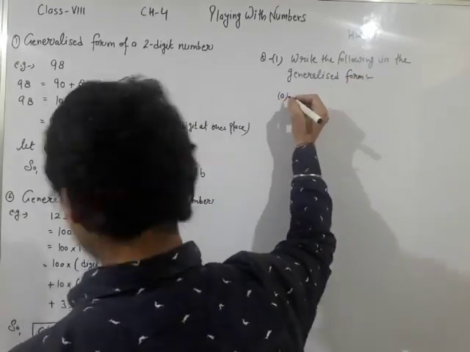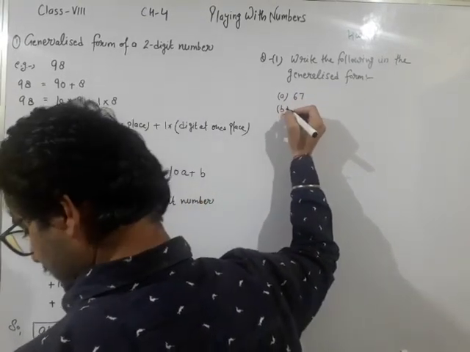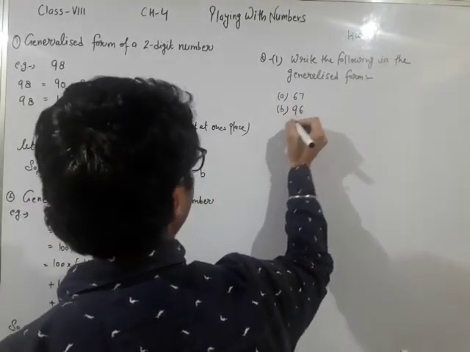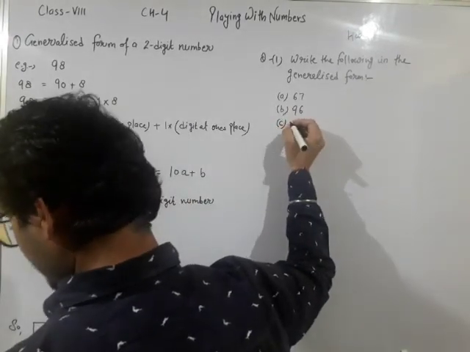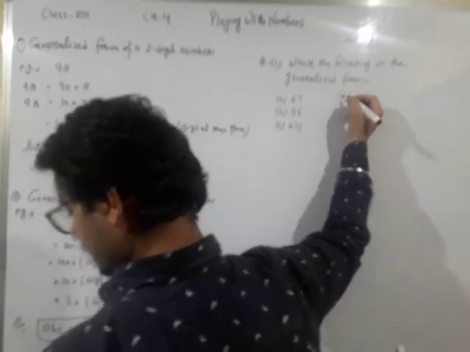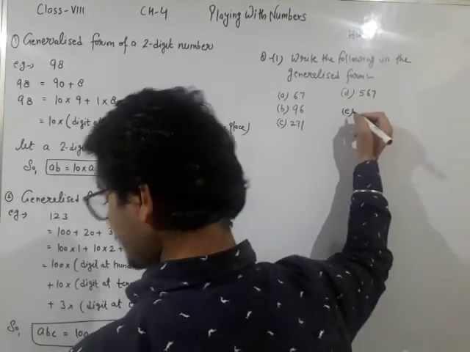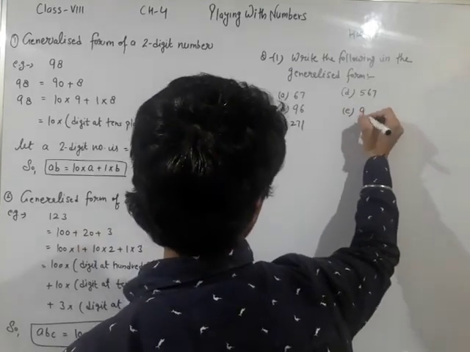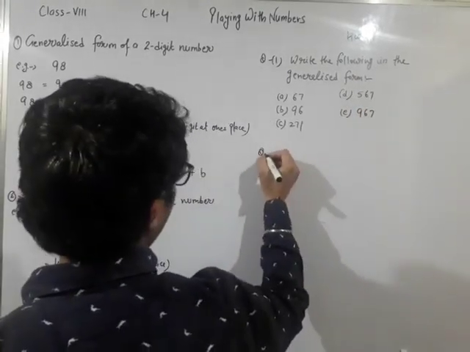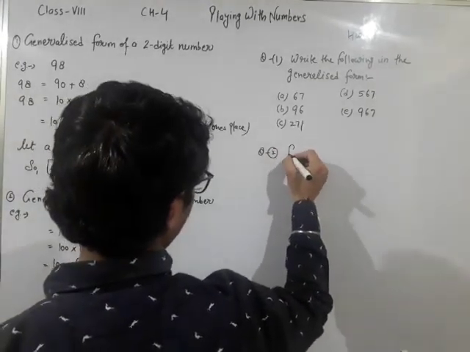A part 67, B part 96, C part 271, D part 567 and E part 967. Question number 2. Find the reversed number.